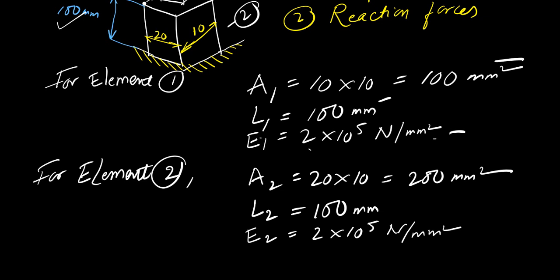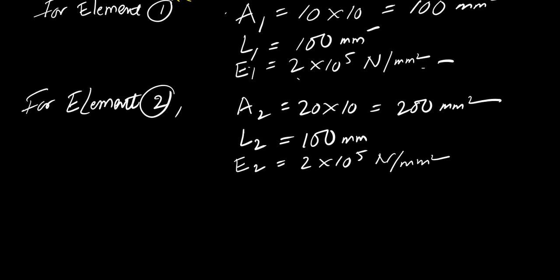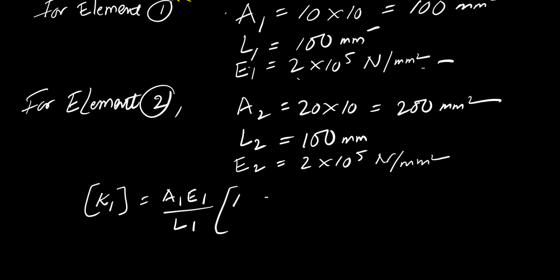To calculate the stiffness matrix, from here onwards you proceed. K1 is equal to A1 E1 by L1 times the 2 by 2 matrix [1, -1; -1, 1], with displacements 1 and 2.